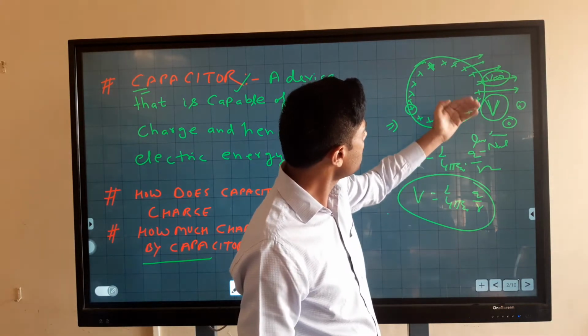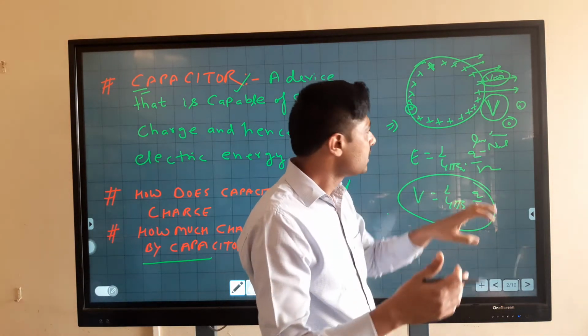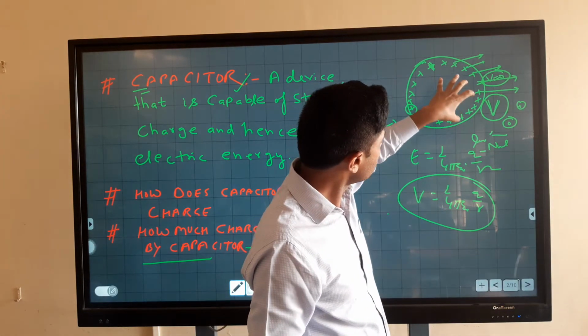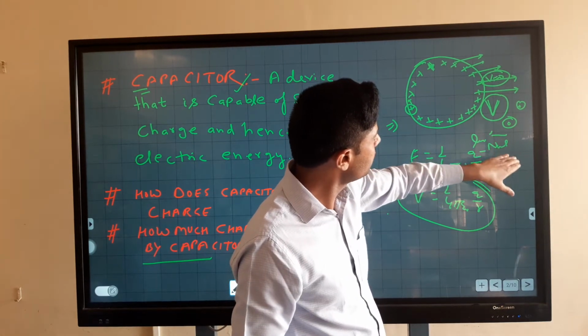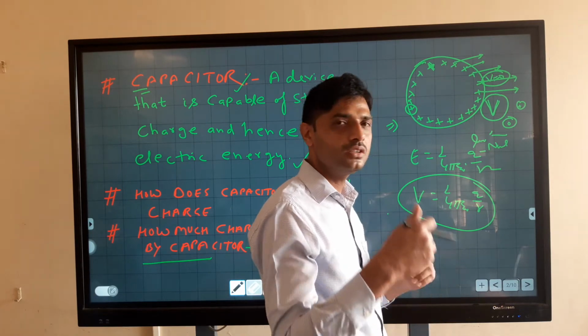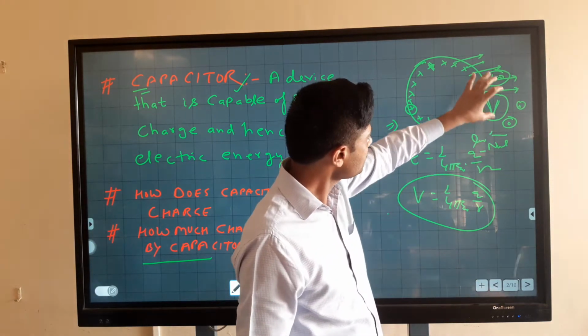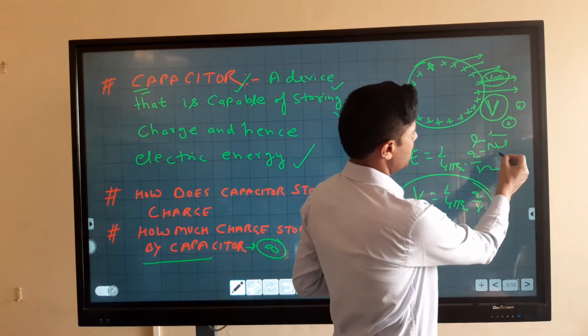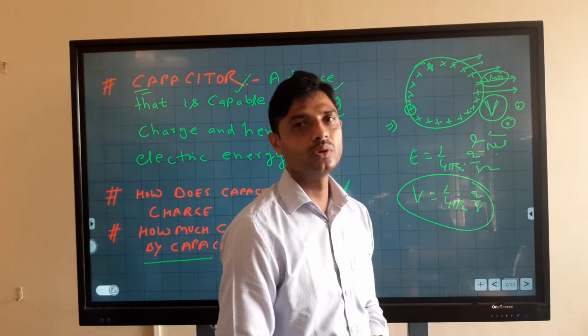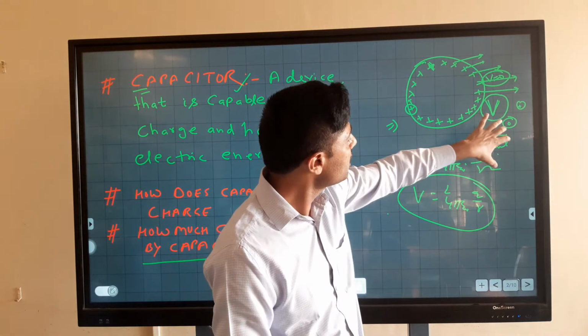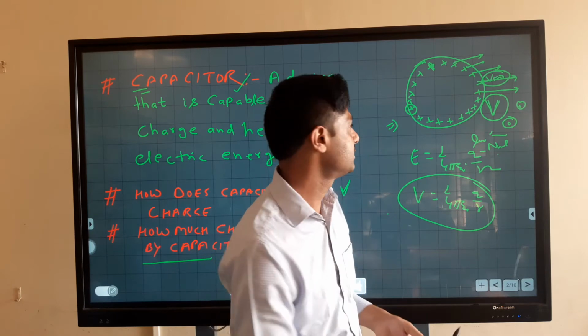But as the charging keeps going on, the electric force between the air molecule and the charge becomes more than the nuclear force of the air molecule, due to which the air molecule gets ionized.